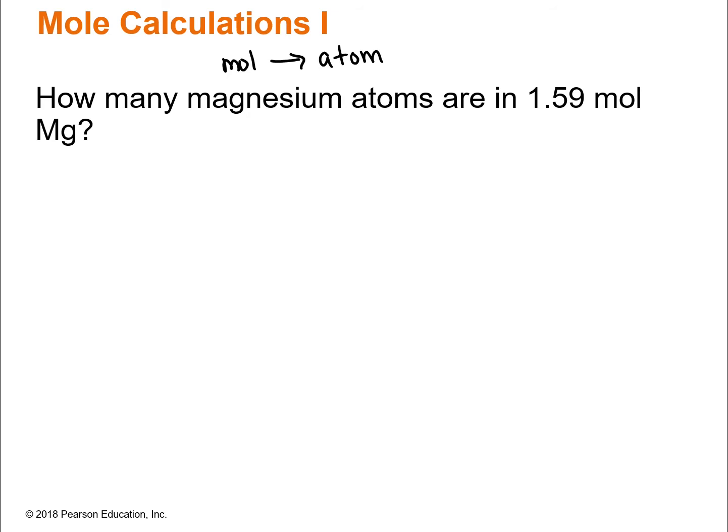Don't just go straight to your calculator, just like I was saying in chapter 2. That calculator will tell you all the sweet nothings that you want to hear. Make sure you know what you're solving for and you set up your equation first. When we're going from moles of something to atoms of something, we're always going to use Avogadro's number.